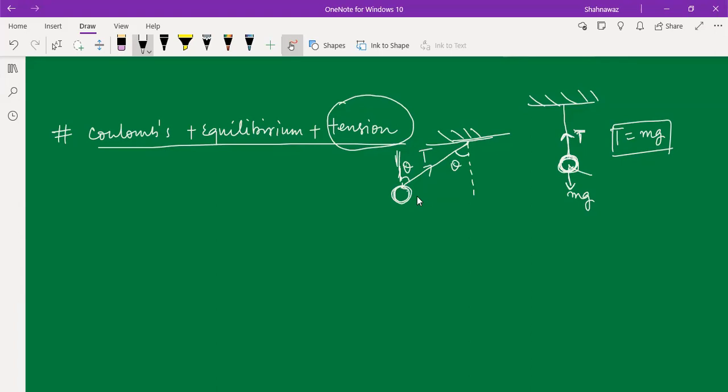From the vector class, we know that we can write the two components of this. So this vertical component will be T cos theta, and this horizontal component will be T sine theta. So the tension has these two components, and the weight is acting downwards. So this is the tension at some angle.